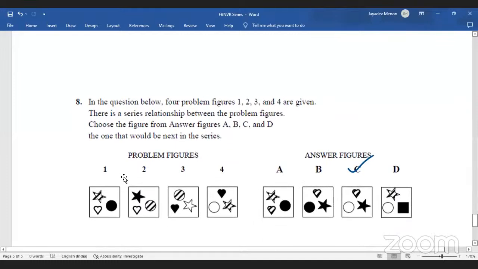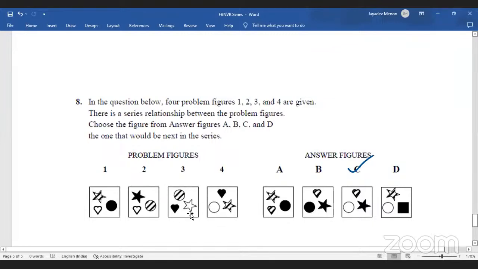See, in each problem figure, in figure 1, we can see one star, one circle, and one heart. In all figures, we have star, circle, and heart, with three different shadings. Here, the heart is not shaded, the circle is fully black, and the star has this type of shading. In figure 2, the star is black, the heart is not shaded, and the circle is shaded with bars.